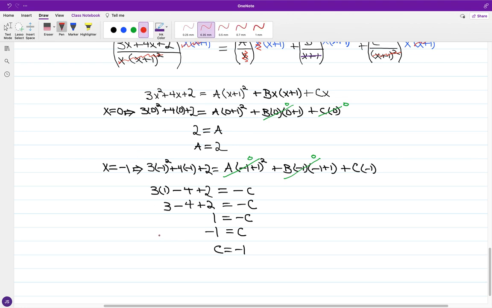Now what I can do is choose any value for x. Generally, I like to keep the absolute value as small as possible and still be able to work with an integer. So I'll choose x is equal to 1. You can choose any other value that has not already been selected.